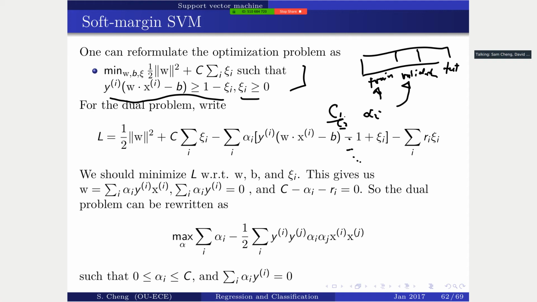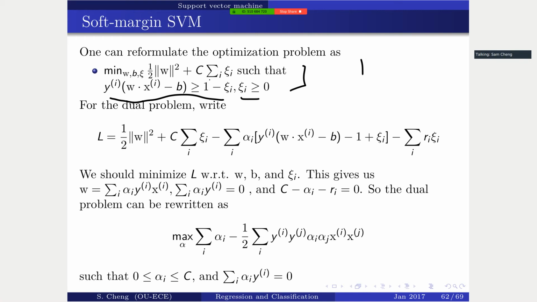Okay, so here again, I won't repeat the Lagrange multiplier, but you see I introduced the constraint here, so I introduce multipliers. If you have n data points, there are n constraints, so there are n alpha i here, and I also have this Lagrange multiplier for the xi i here.